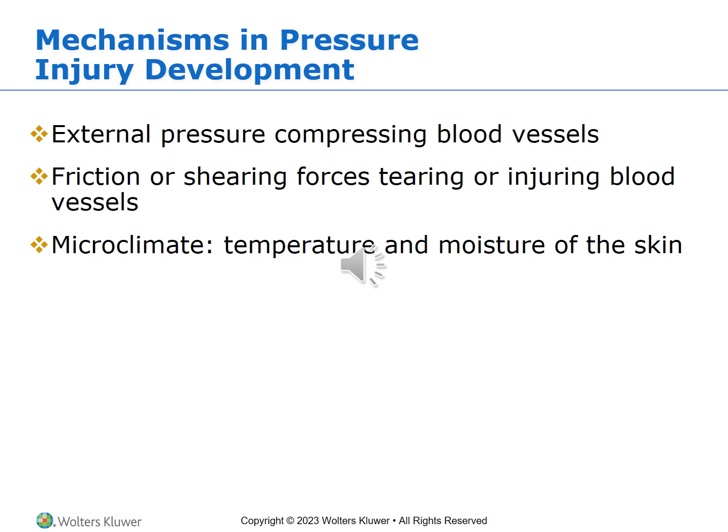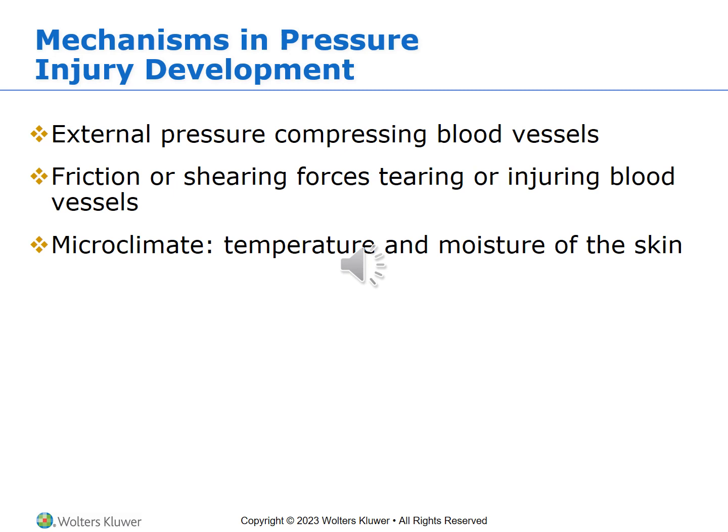This external pressure compresses the blood vessels, causing damage to the skin. Compression of the blood vessels impedes circulation, impedes oxygenation, causes ischemia, which is deficiency of blood in a particular area, or hypoxia, inadequate amount of oxygen available in the cells, resulting in damage to the skin.